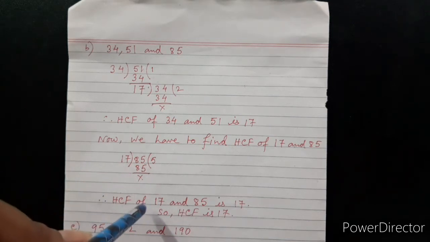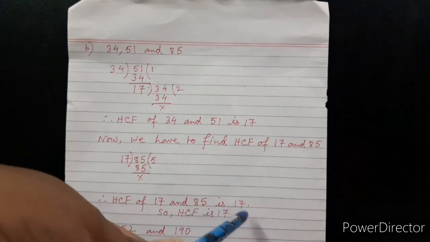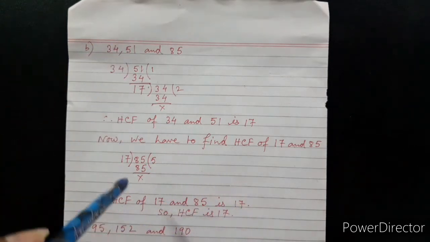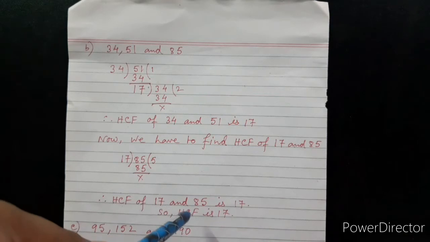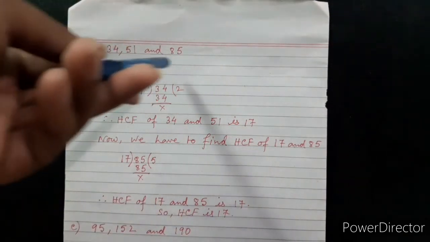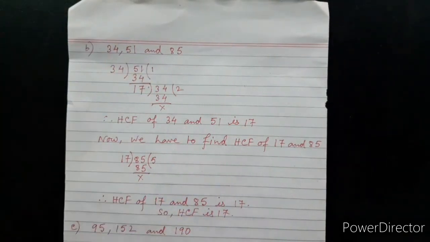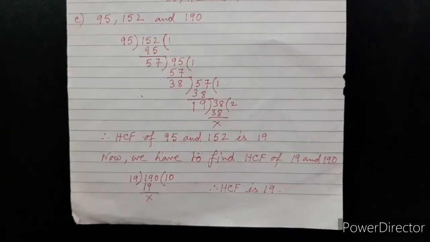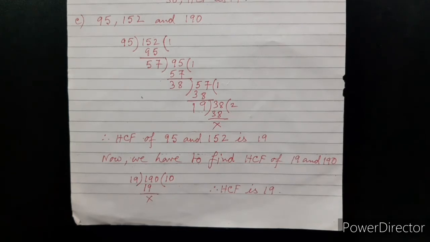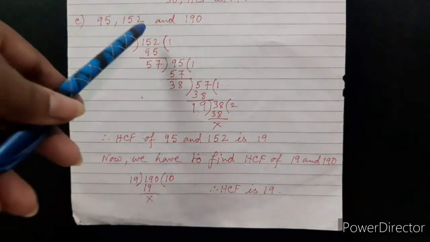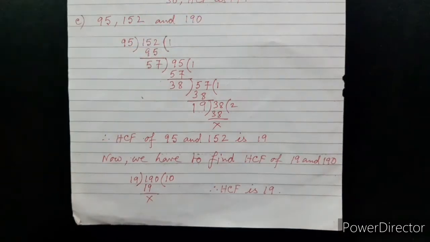Therefore, the HCF of 17 and 85 is 17. So, the final HCF of these three numbers is 17. Now, the next sum. Sum number 7c. Find the HCF of 95, 152 and 190.